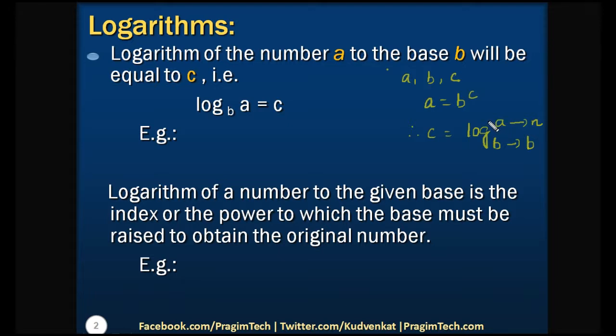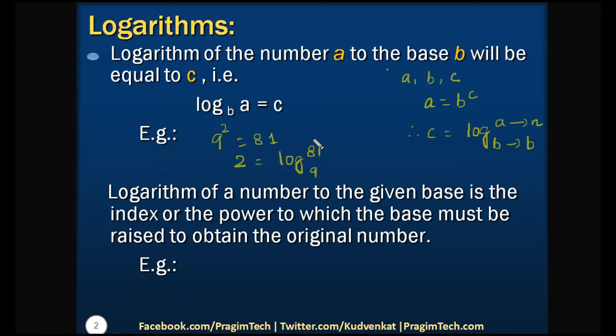Let us consider one example. We can define that the logarithm of a number a to the base b equals c. That is, log a to the base b equals c. Let's take one example. 9 squared, as you know, is 81. Or else we can represent it as 2 equals the logarithm of 81 to the base 9.